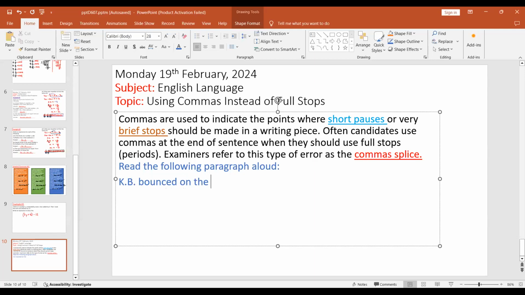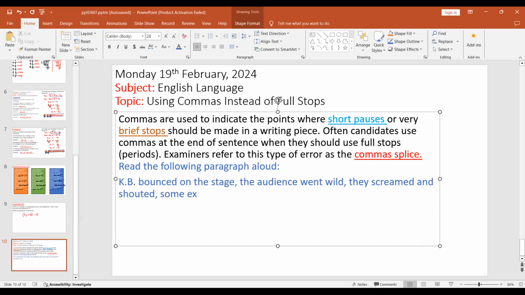So KB bounced on the stage. The audience went wild. They screamed and shouted.